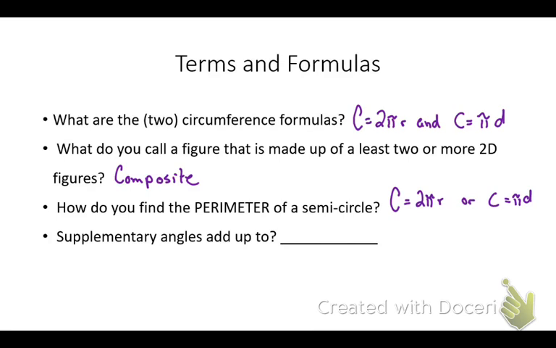I have to divide by 2. Then what must I do? Add the diameter. I must then go back and add my diameter. So remember that for perimeter, you have the circumference, but then you have to go back and add the diameter. All right?